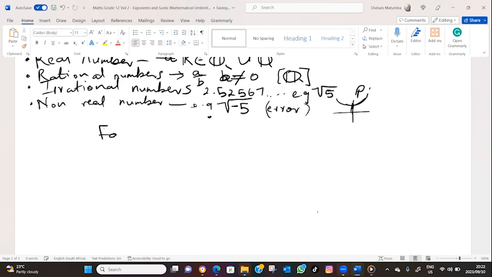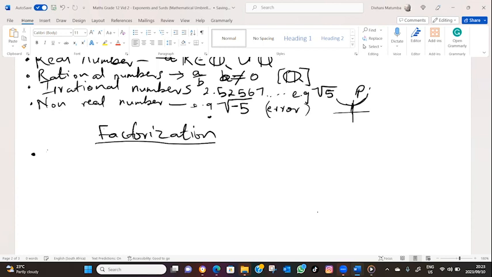Going to talk about factorization. What is factorization? It is taking an expression and breaking it down into factors or into products.